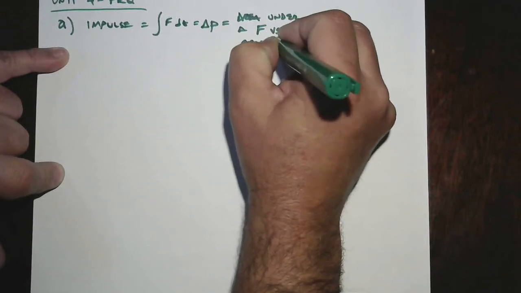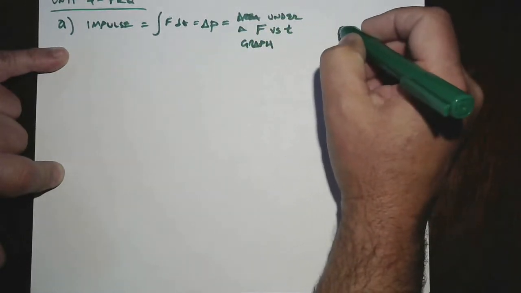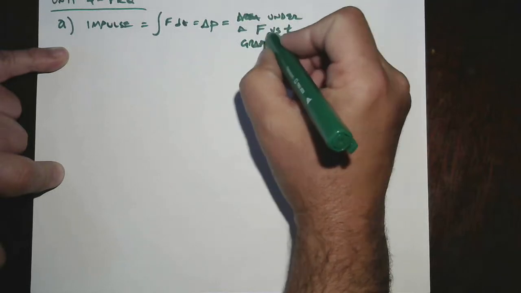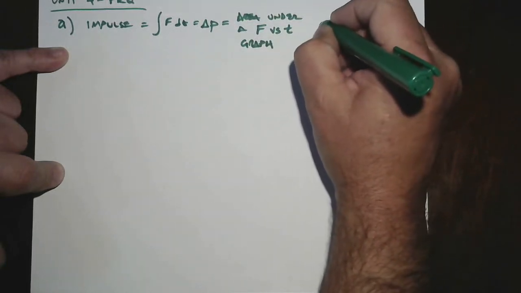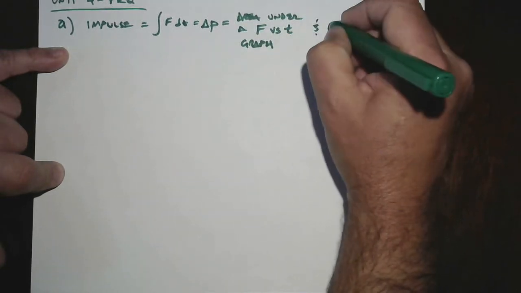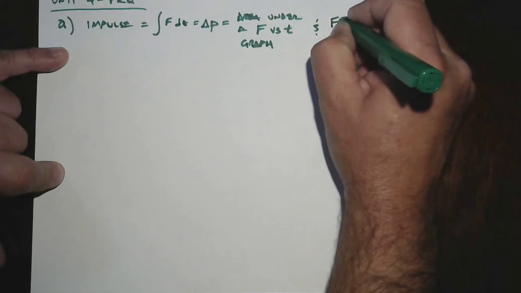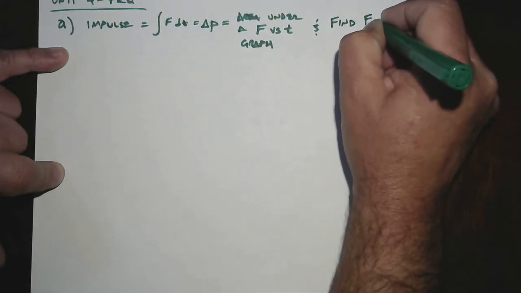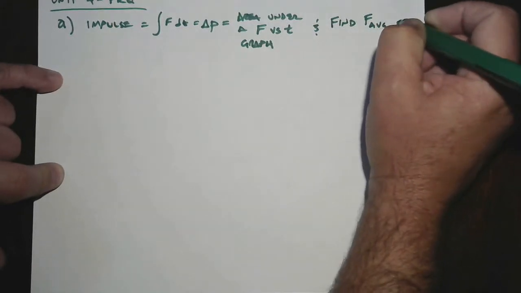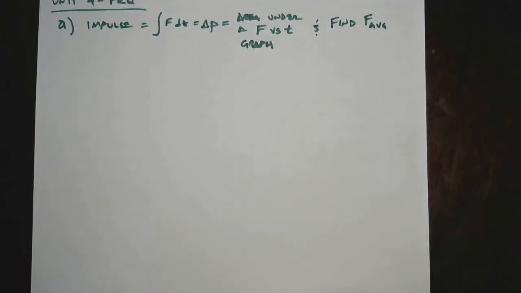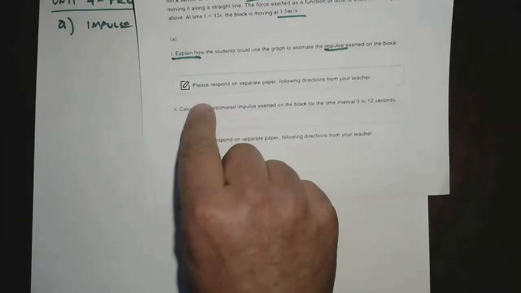And I think that's the thing that you need to say. Because the force is changing, you might want to say that you have to either find a shape or find an average. And we'll see what happens when we go to do this next bit here.